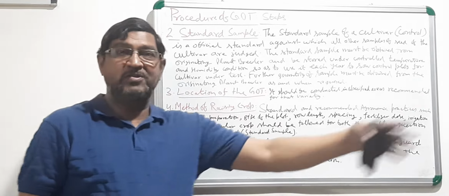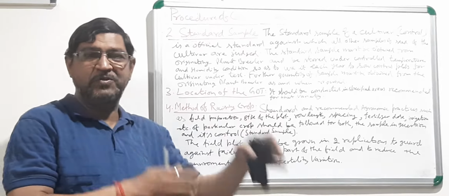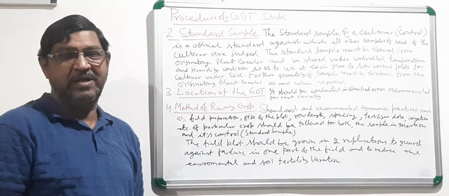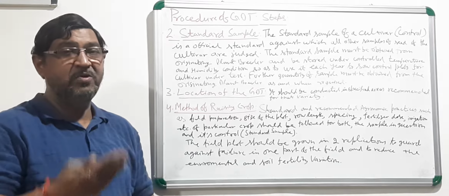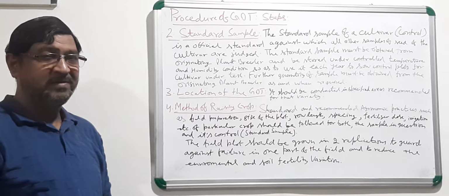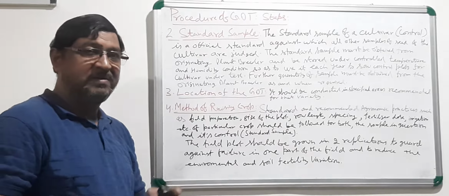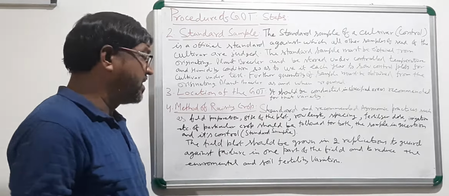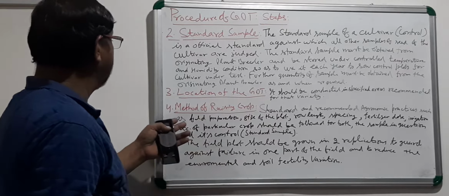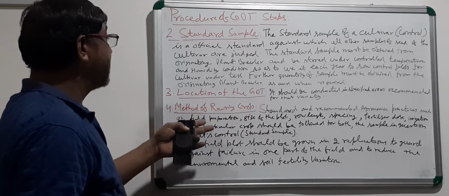You should not delay the sowing time. At proper sowing time you should sow for that particular area. Otherwise many more characters will be changed, and you will be confused with that. So this is about the method of raising.